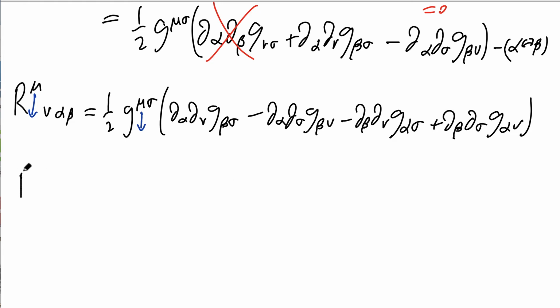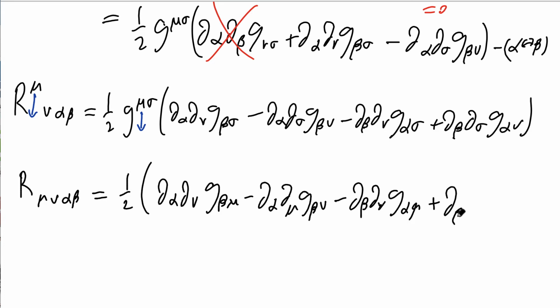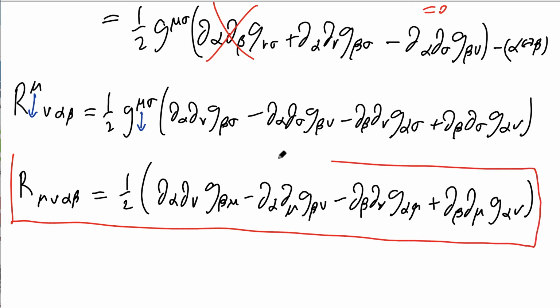So what we're left with then is R mu nu alpha beta with all lower indices is equal to 1/2 partial alpha partial nu G beta mu minus partial alpha partial mu G beta nu minus partial beta partial nu G alpha mu plus partial beta partial mu G alpha nu. So these are the components of the Riemann tensor written as a 0,4 tensor and in Riemann normal coordinates.